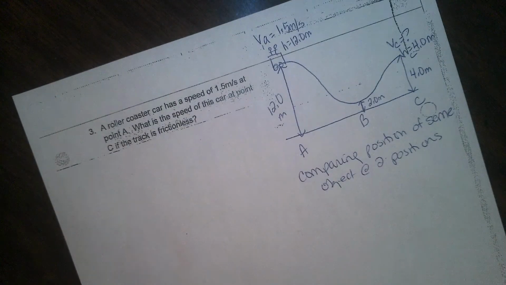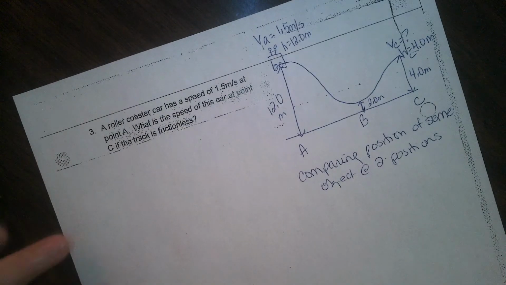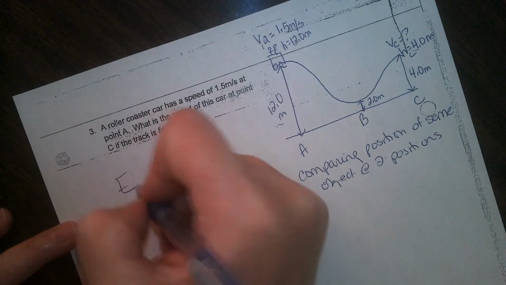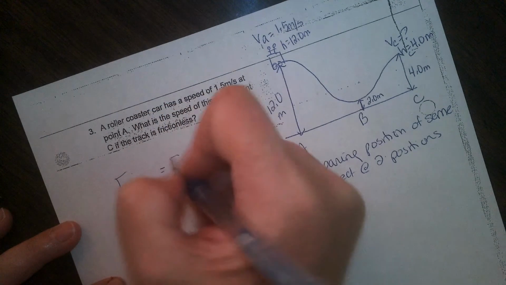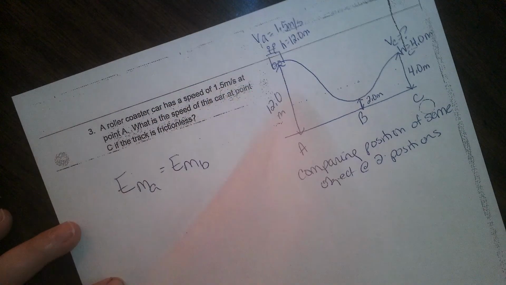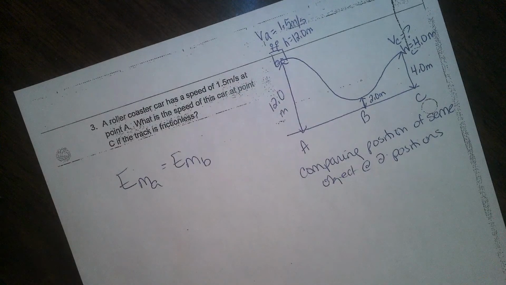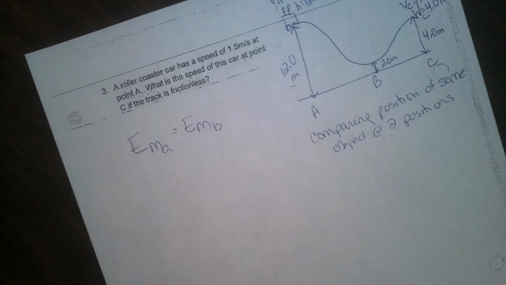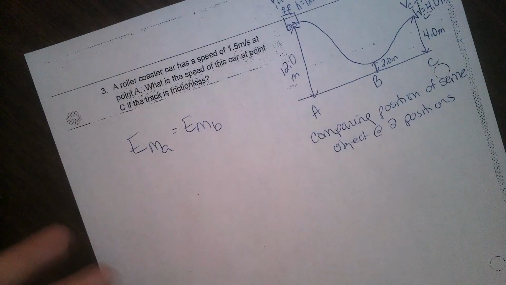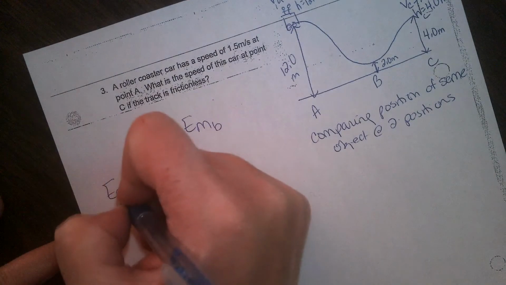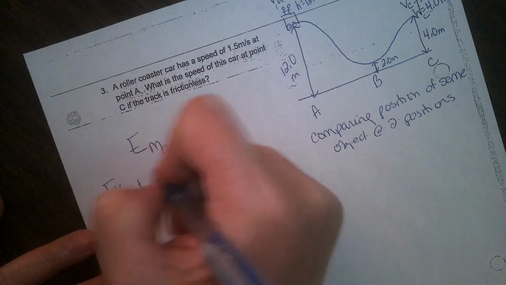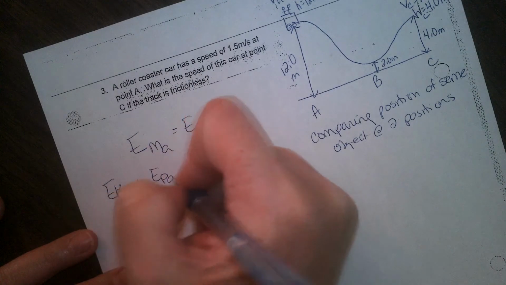When we are comparing the same object at two positions, we are going to look at the conservation of mechanical energy. And how do we solve mechanical energy? It's the sum of two, EK and EP.